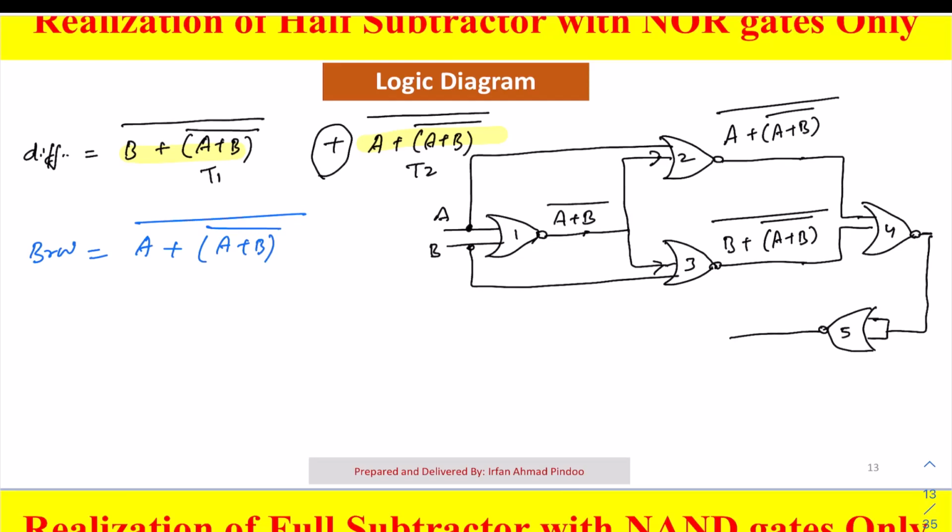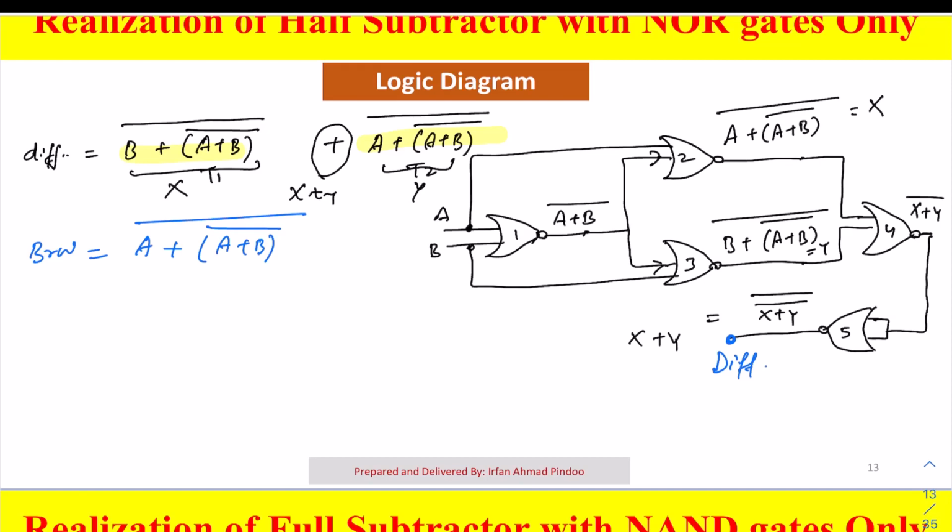Let us suppose this term is x and the next term is y. What we got here is x plus y with whole bar. The output after gate number 5 is x plus y whole bar and one more bar, because this next bar comes from the NOT gate. That is equal to x plus y, which is what we require. So the output after gate 5 is nothing but the difference.